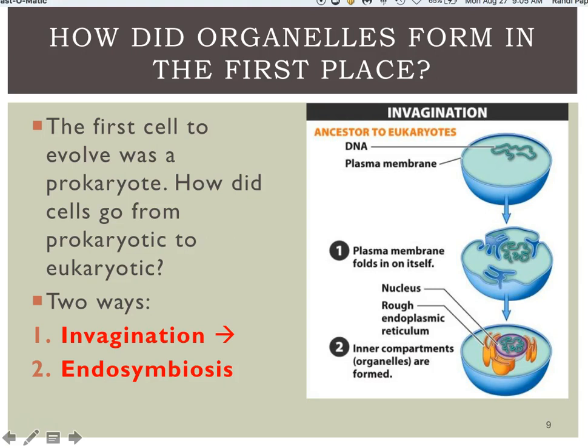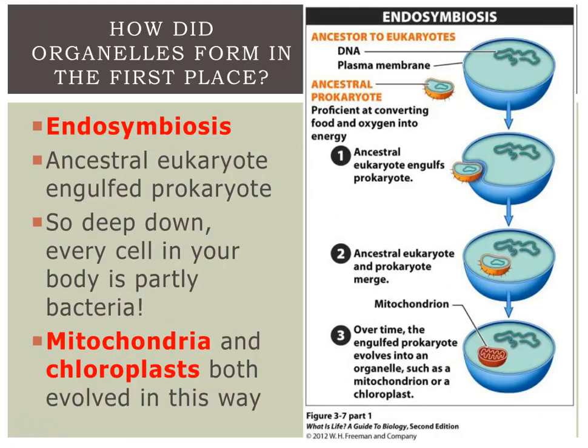The second way that this could have happened is through a process called endosymbiosis. Endo has the root of inside, and symbiosis means to live in close contact. So endosymbiosis is the process by which we believe a prokaryotic cell was engulfed by a eukaryotic cell, maybe for eating purposes.